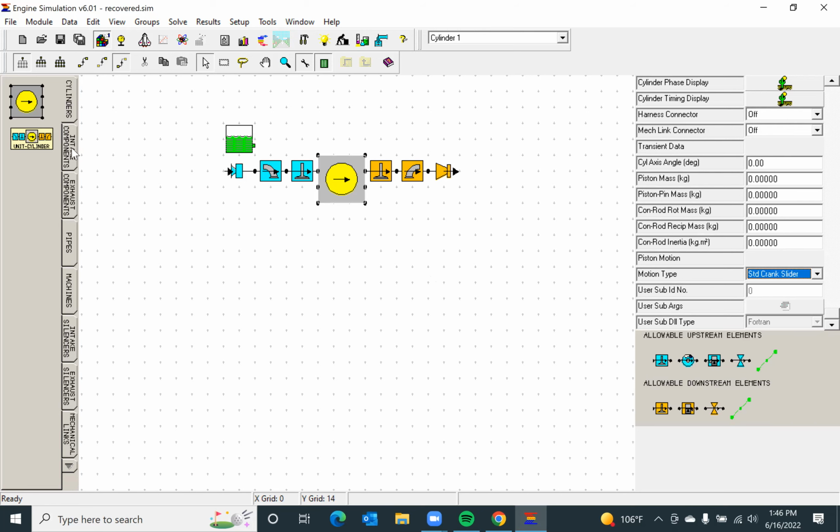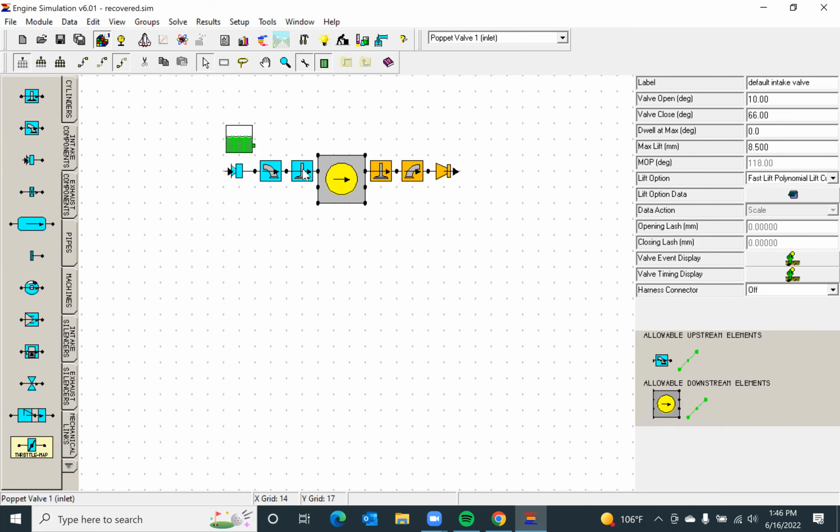Then what you do is you go to the intake component. On this intake component side, I just use a simple valve. So you go here and drag and drop this valve over here.